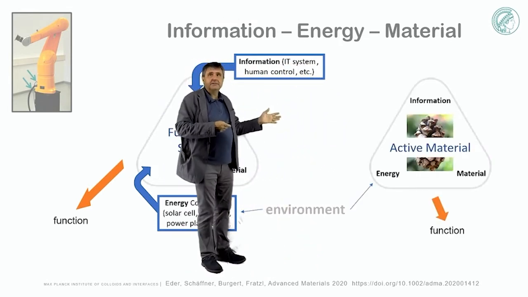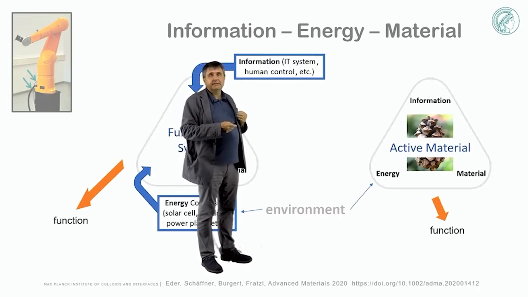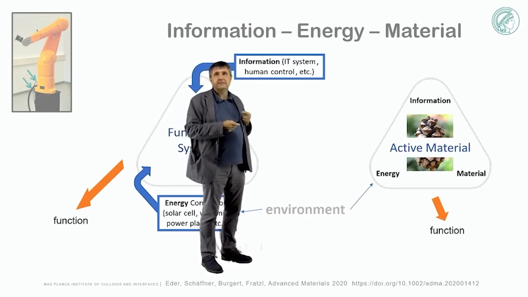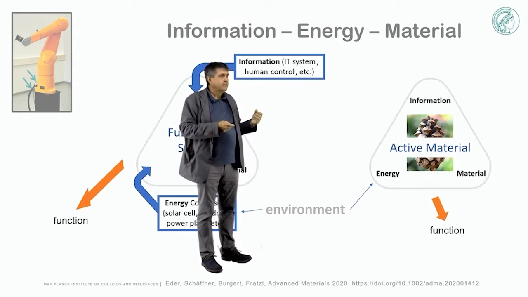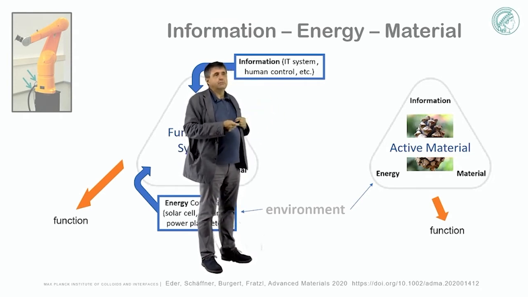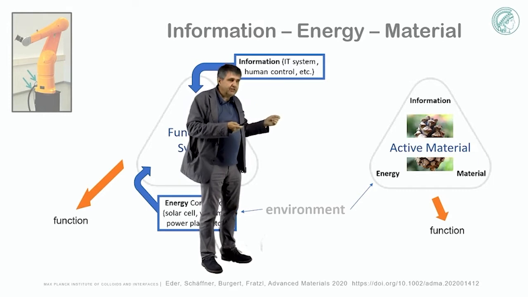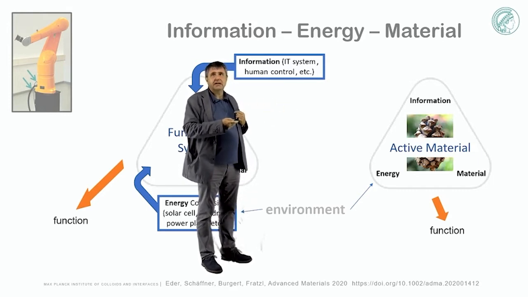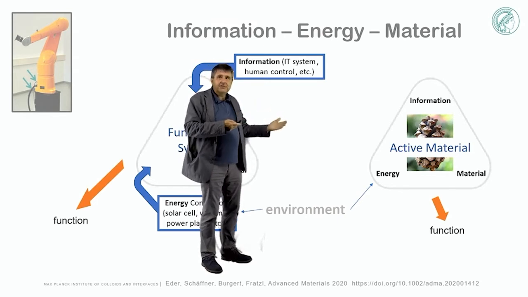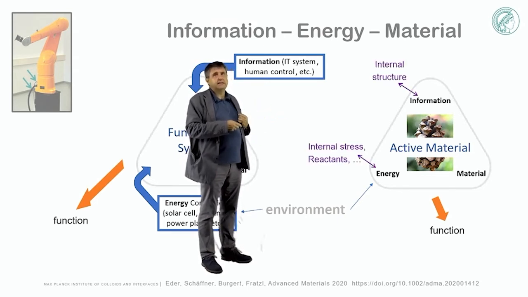The active material, on the other hand, is not relying necessarily on this. Of course, it also has a materiality. So the wheat awns are made of a cellulose-based material, but the information is stored in the material in the form of cellulose architecture, and the energy can also be stored inside the material.